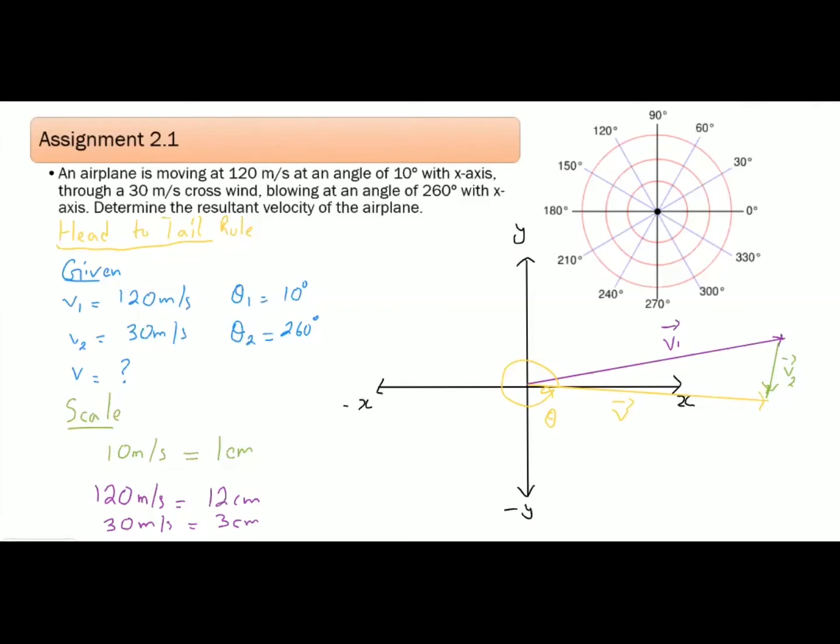Whatever length you get from measuring this vector by the scale, you have to multiply that measurement with the selected scale, that is 10 meters per second, so that you convert the length from centimeter into the velocity, that is in meters per second.